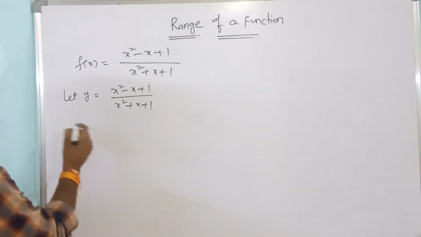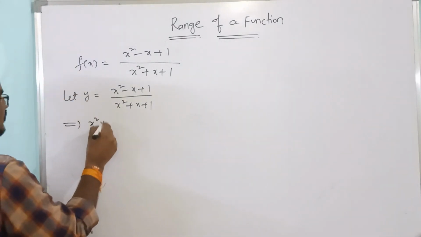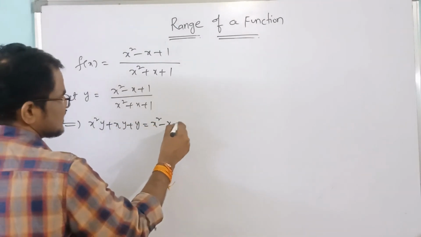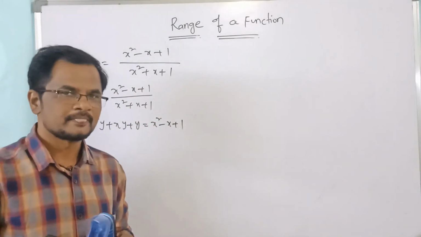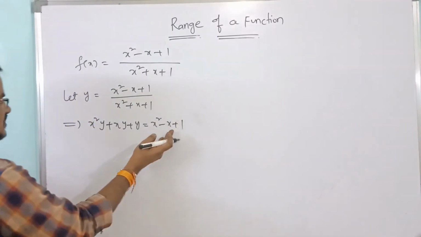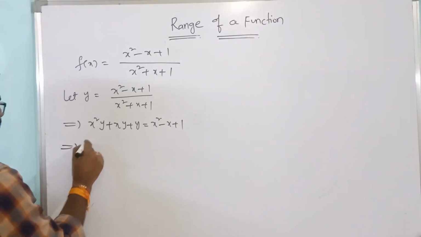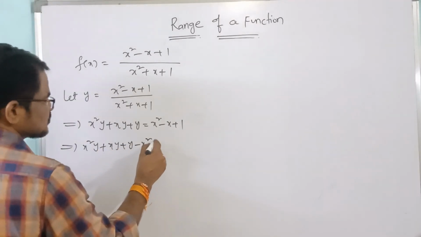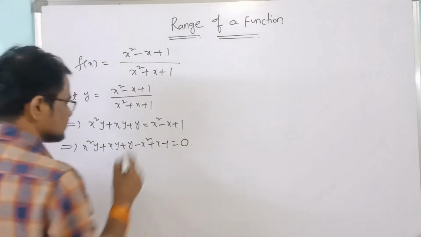Cross multiplication, x square y plus xy plus y equal to x square minus x plus 1. Now take all these values to this side, x square y plus xy plus y minus x square plus x minus 1 equal to 0.